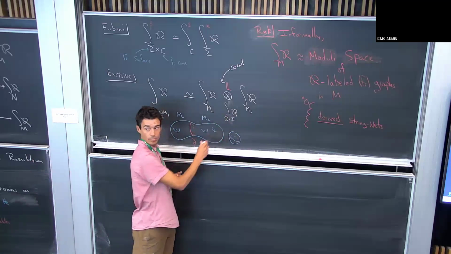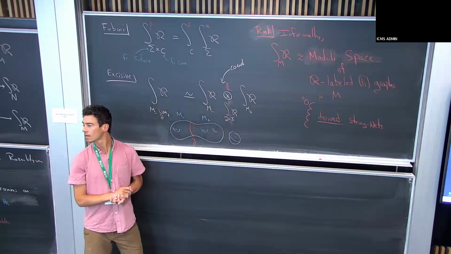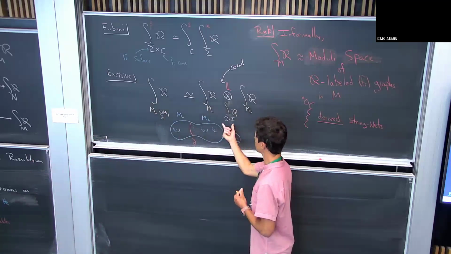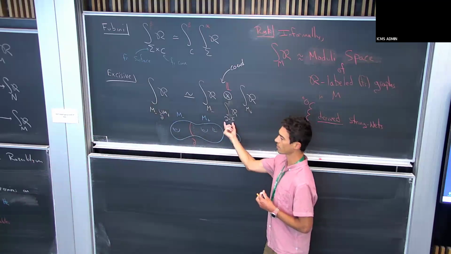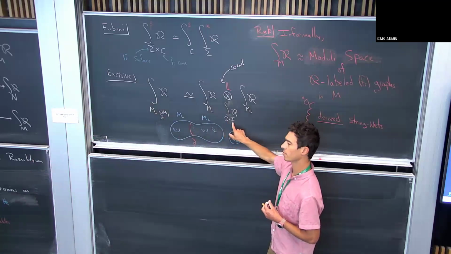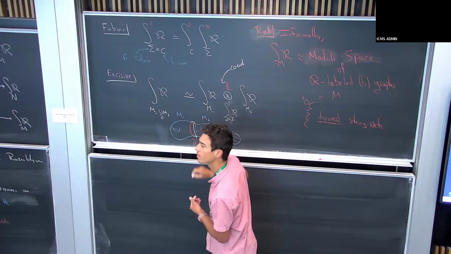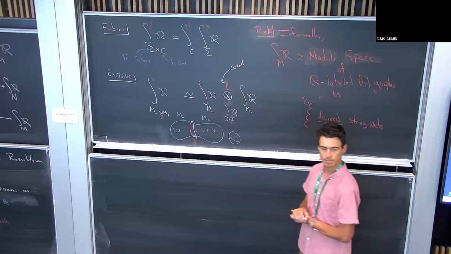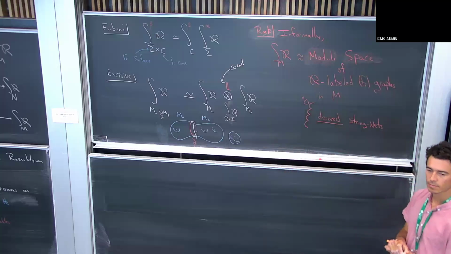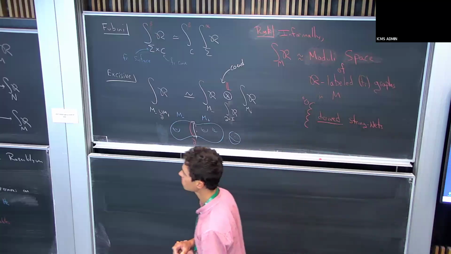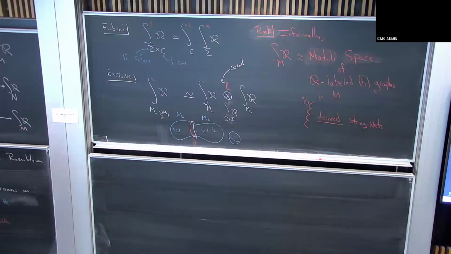But the framing will get composed, no? The framing on this is not the product framing of a framing on partial and a framing on the interval. It's the inherited framing from a little interval in there. And you just want me to write down the space of objects instead?